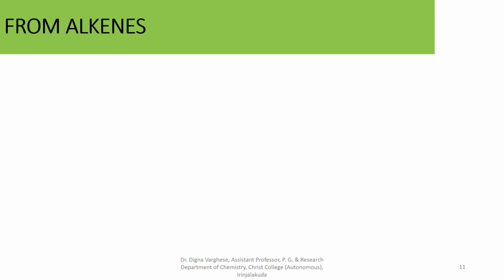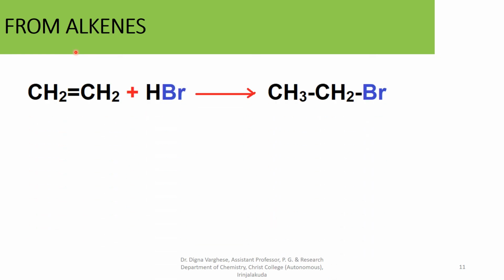Now we are going to discuss the preparation of alkyl halides from alkenes. Here you can see the simplest alkene, ethene, reacts with a halogen acid like hydrobromic acid to form ethyl bromide or bromoethane. Here each side of the double bond is the same, which means it is a symmetrical alkene.